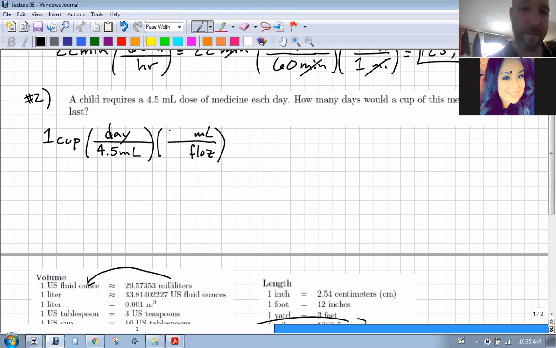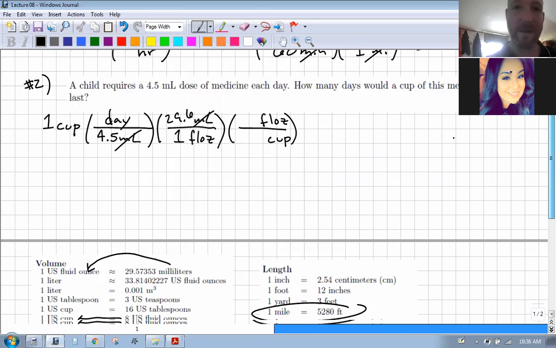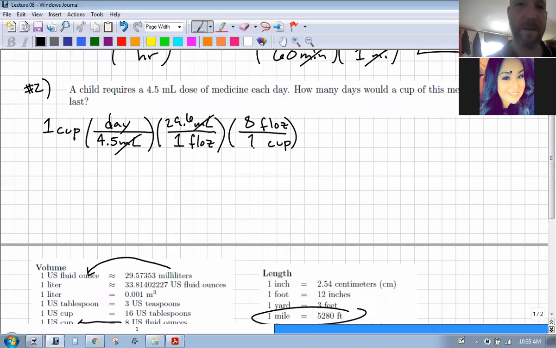There's 29.6 milliliters in a fluid ounce. Now we'll get rid of the fluid ounces in favor of cups, right? There's 8 fluid ounces per cup. So the cups go away and we're simply left with days.